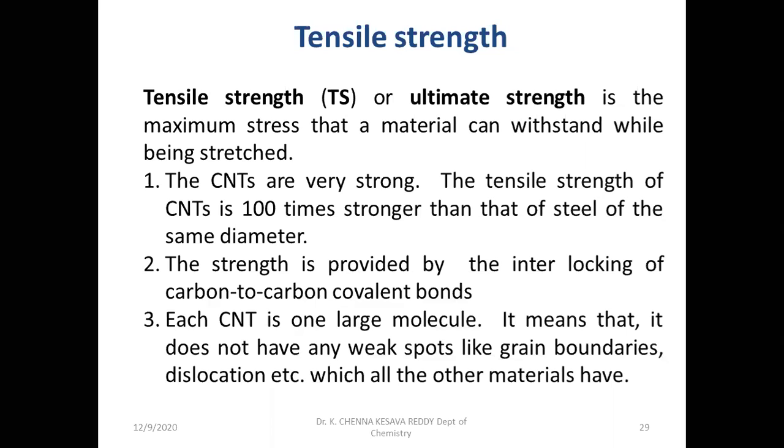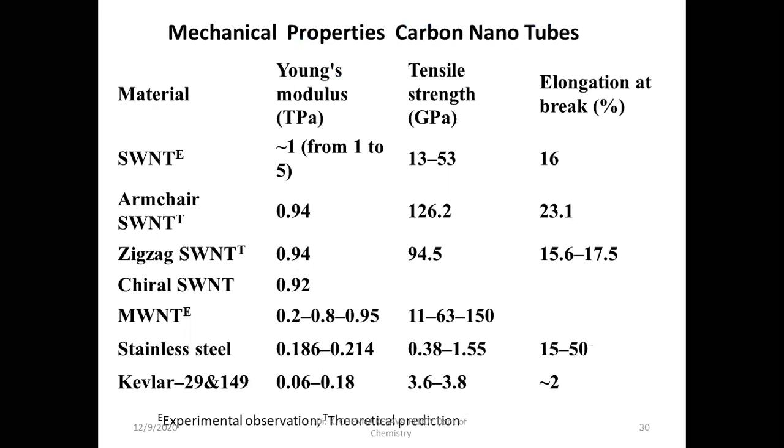It doesn't have any grain boundaries or dislocations, so the tensile strength is very high. Now, Young's modulus of single wall, zigzag, chiral and armchair: what will it be? You see the Young's modulus, in terapascals, of Kevlar bulletproof material or stainless steel, versus single wall nanotubes, armchair and zigzag.